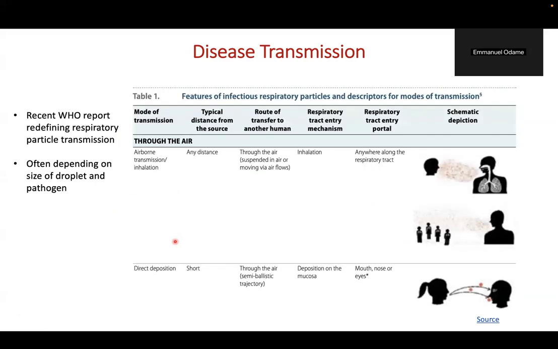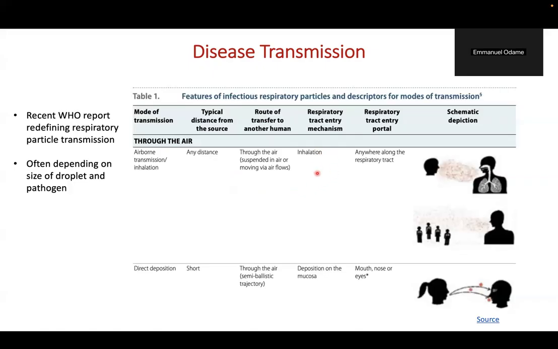So, in view of this, the WHO has recently reported on redefining respiratory particle transmission. At first, we thought you had to be super close to get a respiratory infection or transmission, until COVID came and we realized that even from an extremely far distance, you can still get it. So this diagram is showing that some bacteria have airborne transmission, which can easily happen from any distance through the air, and then someone just has to inhale and get it.